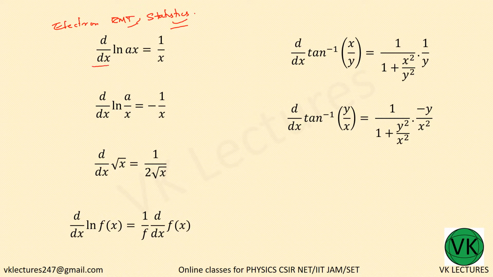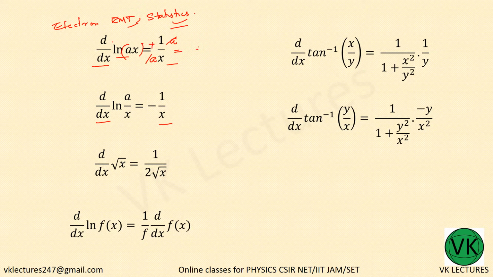d by dx of ln x is 1 by x. It is not 1 by ax; 1 by ax into a will come, so this will get cancelled, so 1 by x. This is the derivative of ln of a by x, which is minus 1 by x. Here, since it is in the numerator, it is 1 by a.